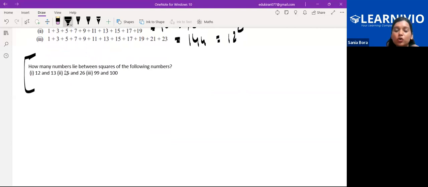Now, this concept is also very important and very easy. Just remember this line which I am writing here.